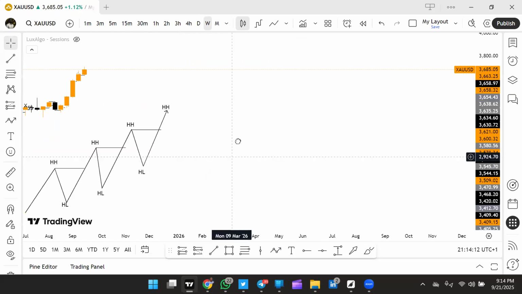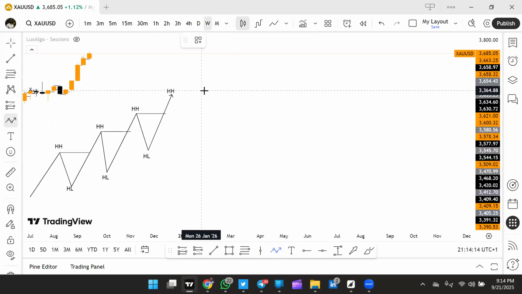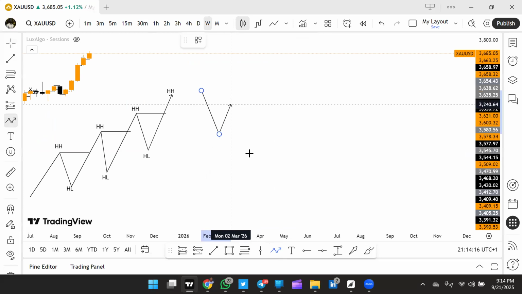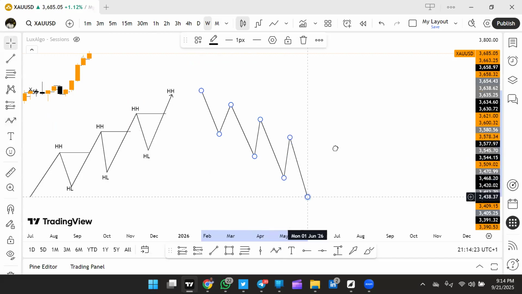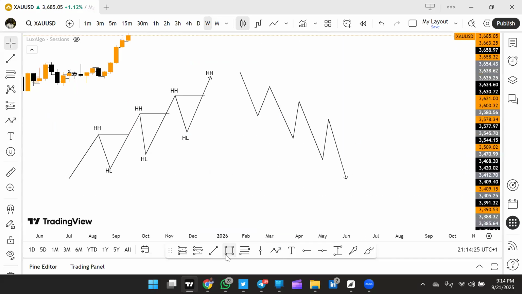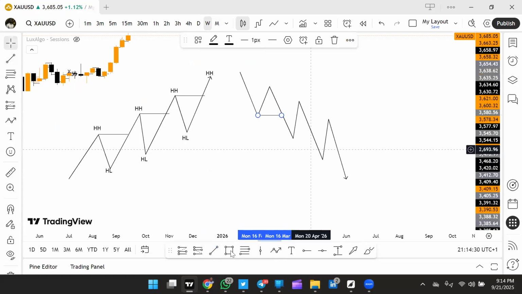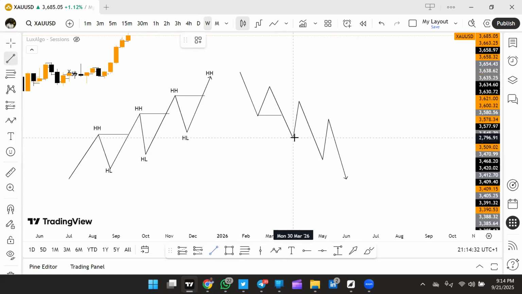Then in a downtrend, I said we have different kinds of market structure, right? The downtrend, uptrend, and then the ranging markets, if you can remember. So this is an uptrend, and then we have a downtrend.